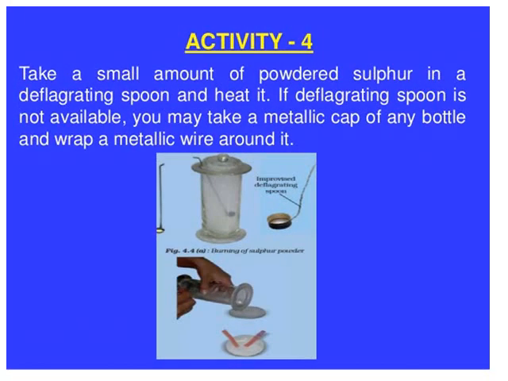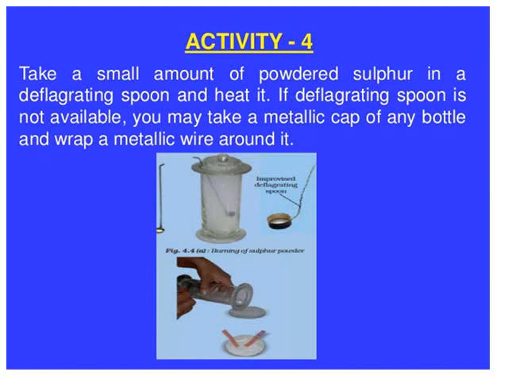Children, let us see an activity for the reaction of nonmetals. Here is an activity with sulfur. Take a small amount of powdered sulfur in a deflagrating spoon and heat it.